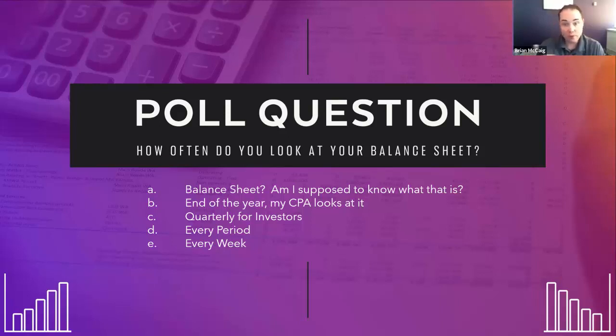You may be one who looks at it every single period, and you may be one of those teachers' pets who look at it every single week. I'm going to put this poll question up on the screen for everybody to get their answer in. So again, balance sheet, am I supposed to know what this is? End of year, my CPA looks at it. Quarterly for investors, every period, or every week.